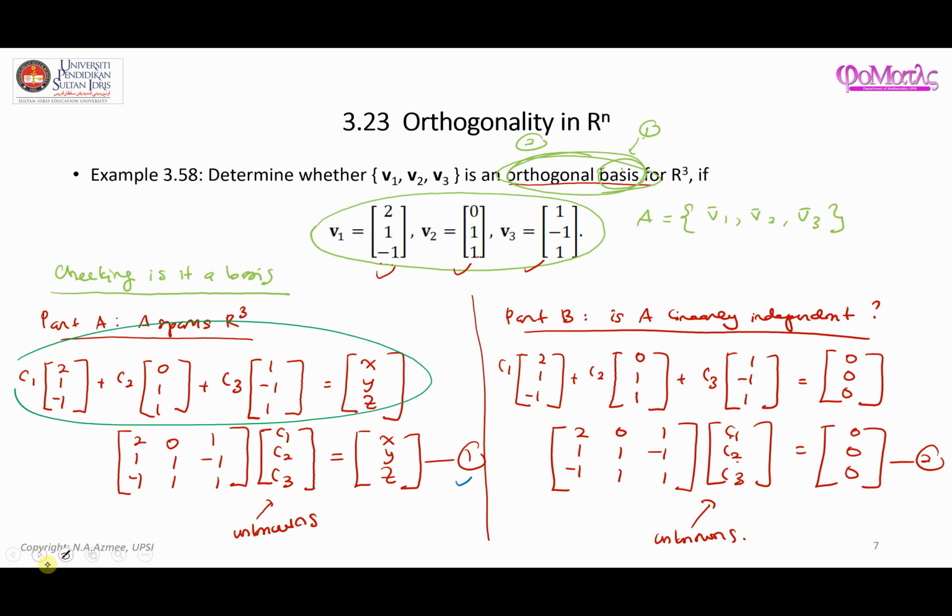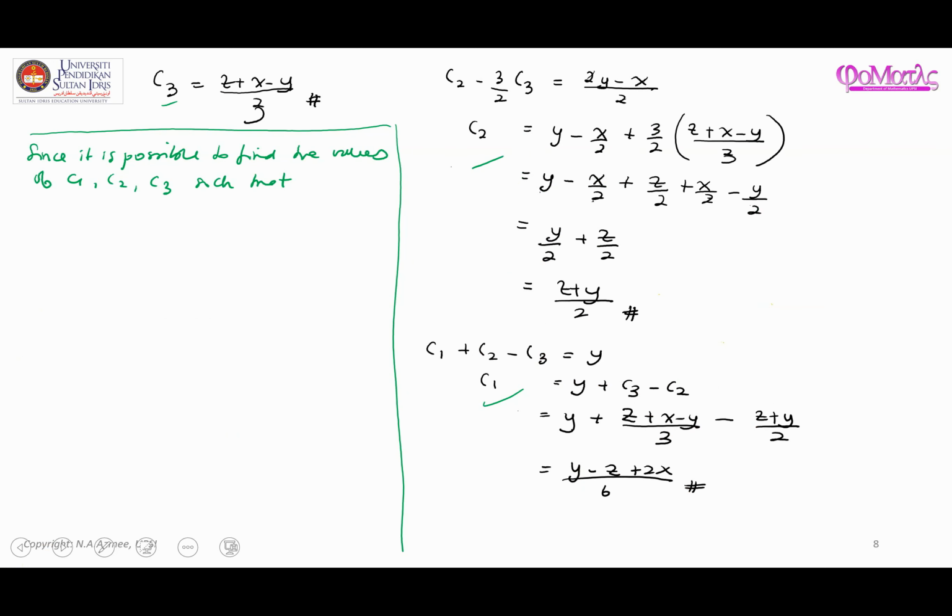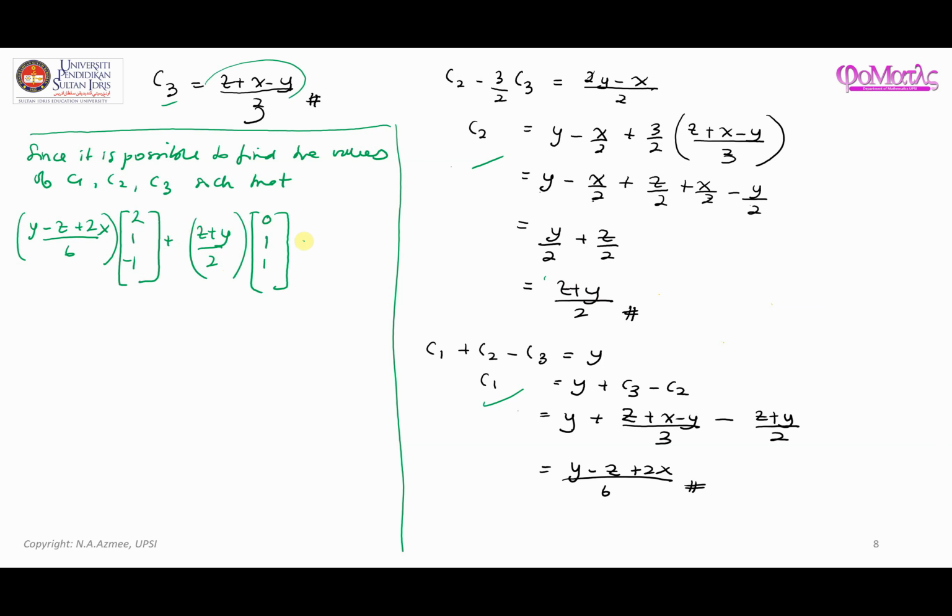Such that we have y minus z plus 2x over 6 with the first vector 2, 1, negative 1, plus C2, z plus y over 2, with the second vector 0, 1, 1, and C3 is plus z.